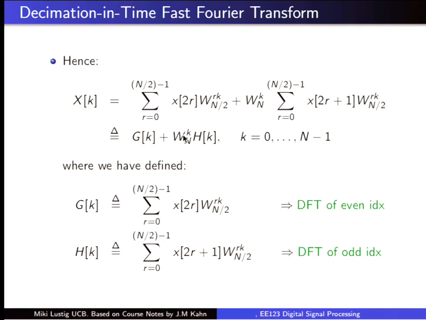What does a linear phase do if you multiply it with a DFT, a multiplication with a linear phase in the frequency domain? It's a shift in the time domain, right? Well, it kind of makes sense. These are odd samples. They're shifted by 1, right? And if we just compute the DFT on them, it's not going to put them in the right place. We need to multiply by some linear phase in order to put them in the right place. Makes sense? It's another way to think about this.